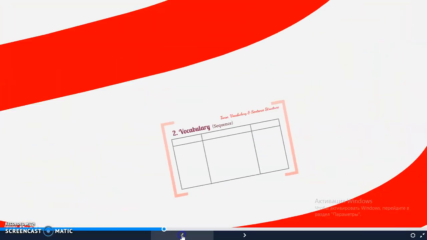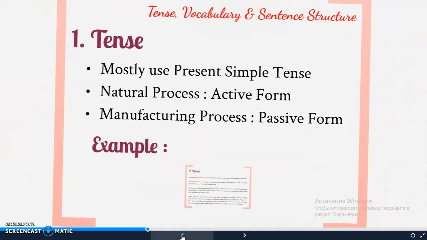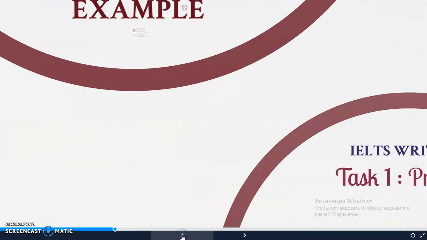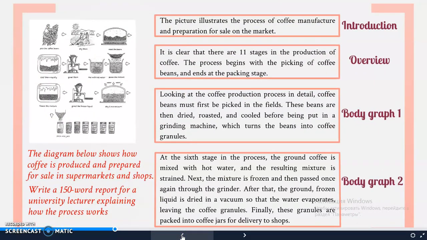Firstly, you will have to learn the structure, the necessary vocabulary, and the tenses, and then you will have to write about the given task. Maybe you will paraphrase the topic: at first analyze it, then use your own words to rewrite the whole report. This is your home task.